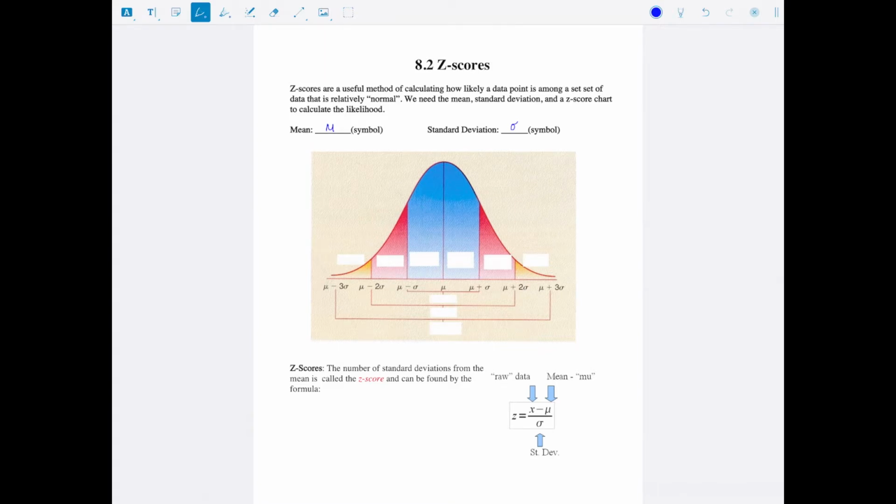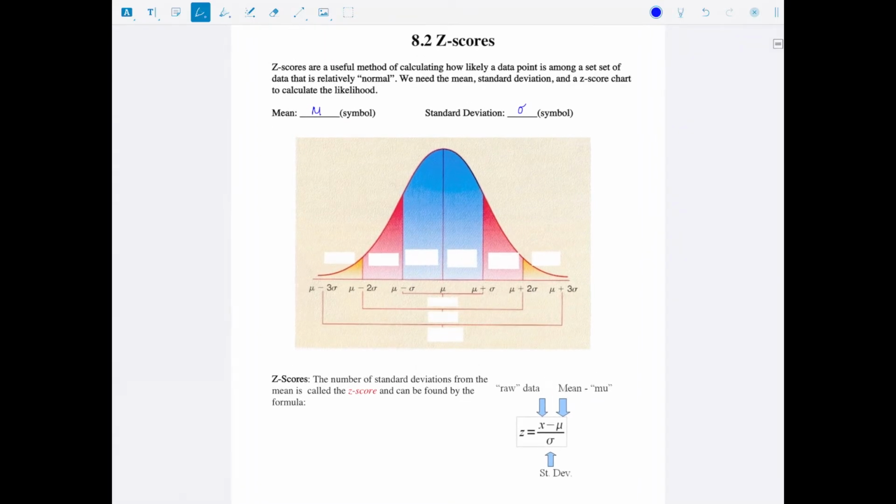Okay? So again, this is only used with graphs that are a normal distribution. So this is not talking about something that is skewed to the right or skewed to the left or something that's bimodal or anything like that. It needs to be a normal distribution. So it's kind of equal on both sides and it's distributed in a certain way.